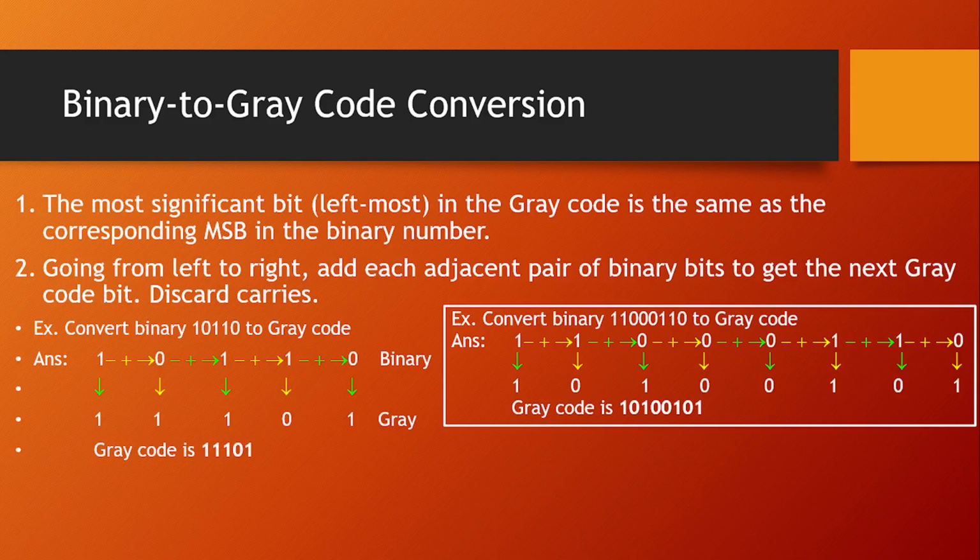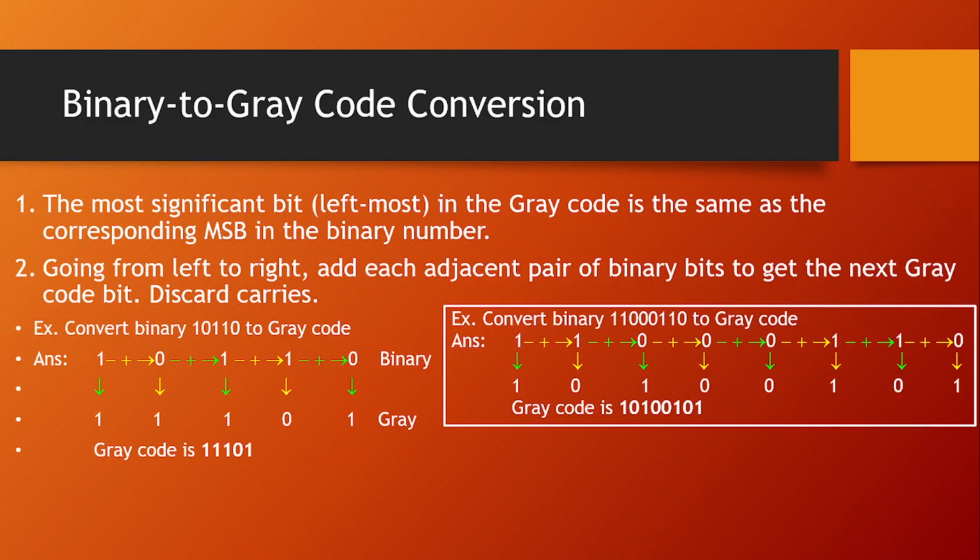Let us solve a few examples. For example, convert binary 10110 to gray code. Now write down the binary 10110. Start from the leftmost bit. The leftmost bit is written as it is, so the leftmost bit of binary and gray is the same.